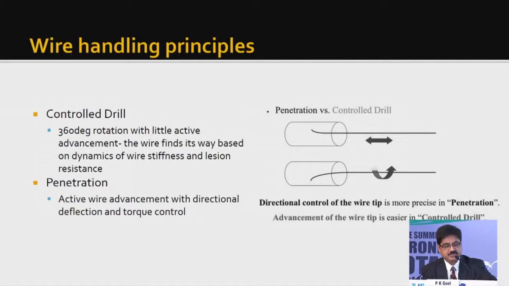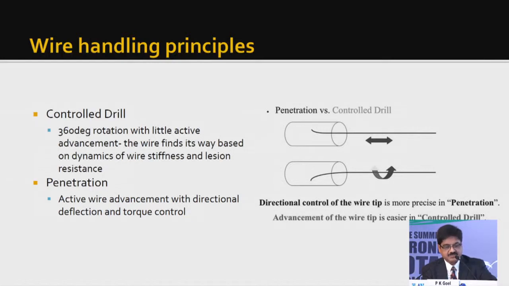One is control drill and another is directional penetration. Control drill is for lesions and wires where you are not directing it, and you are just rotating, and the wire will find its way depending on the resistance in the lesion and the stiffness of the wire. You rotate it, and for this, wires like XT, XTA, XTR are very nice.